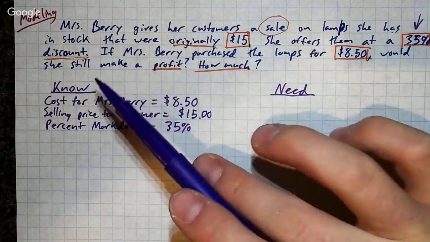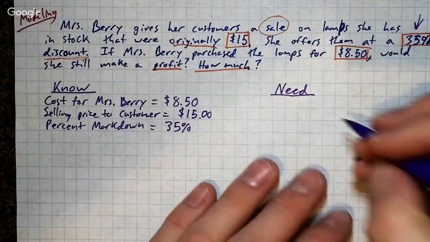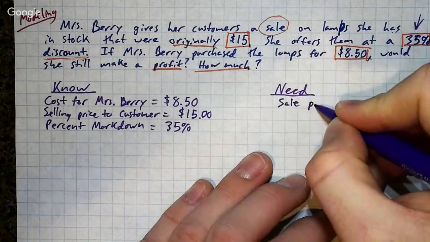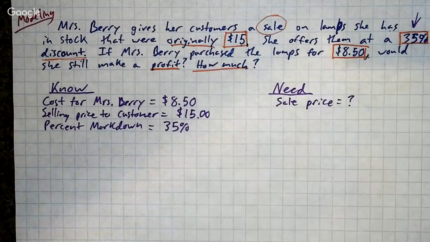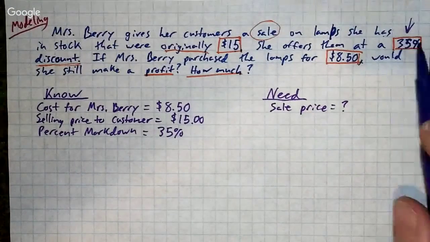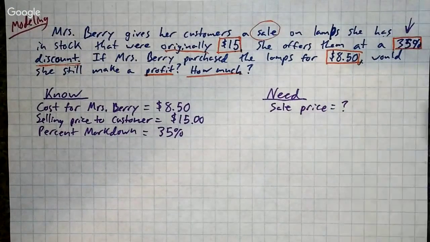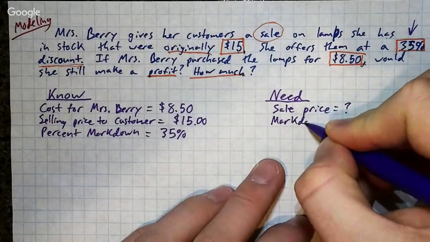She marked them down 35%, but we don't know what that price was. So we need to know the sale price. We don't know that yet. We also need to know the actual markdown in dollars. Right now we have a 35% markdown, but I can't do anything with that right now. So we need to know the actual markdown.